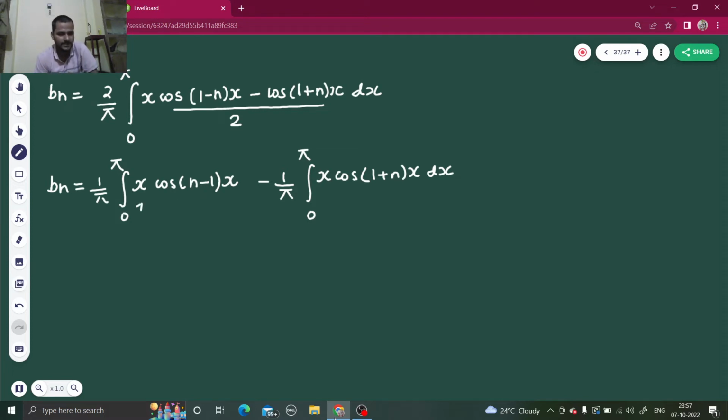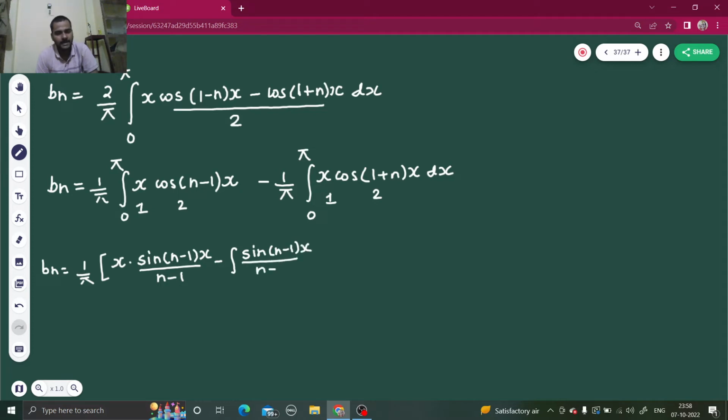In this, the first function is x, second function is cos. So b_n will be 1 by pi, first function as it is, integration of second function, so it will be sin(n minus 1)x divided by n minus 1, minus integration of derivative of x is 1, integration of cos is again sin(n minus 1)x divided by n minus 1 dx, goes from 0 to pi.